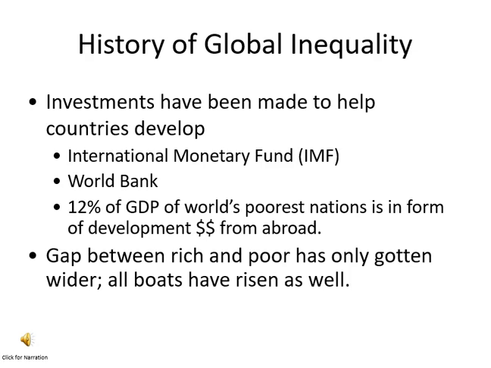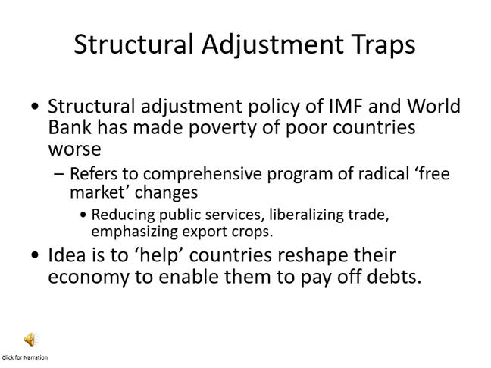And unfortunately, the gap between the rich and the poor from the beginning of these initiatives to the present day has only grown wider. But we can also note that even though the gap between them has grown, all countries have improved their lot at the same time. So this is an interesting kind of paradoxical outcome.